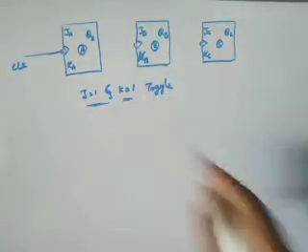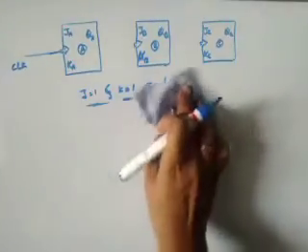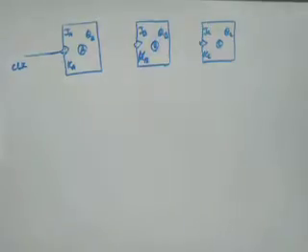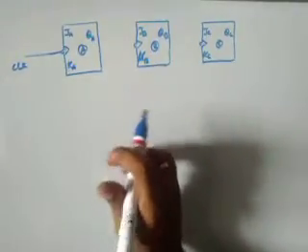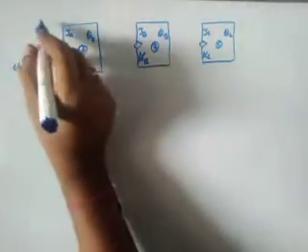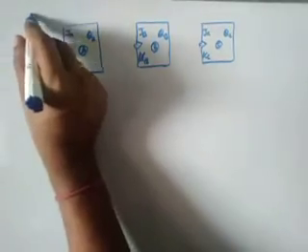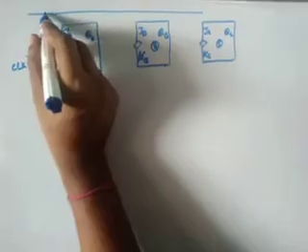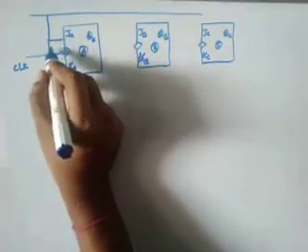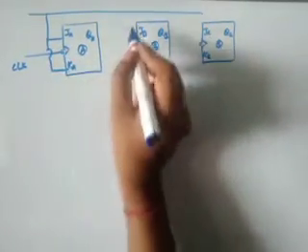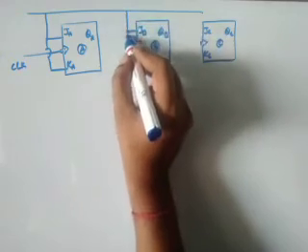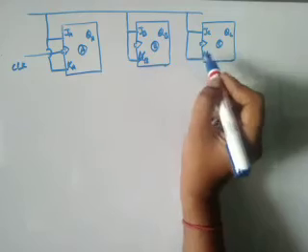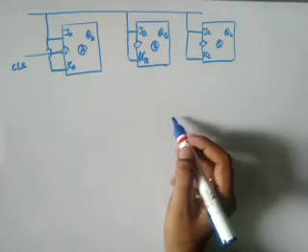Because of the toggling action, counting is possible. Therefore we have to give logic 1 for every flip-flop, for J as well as for K.